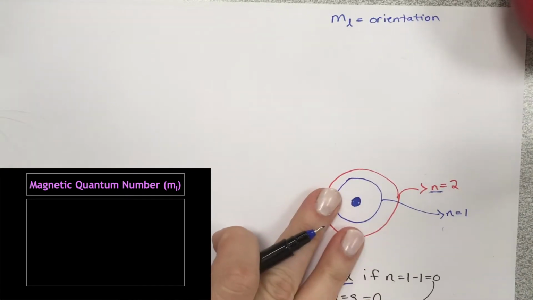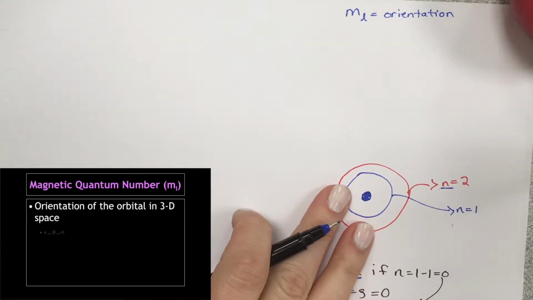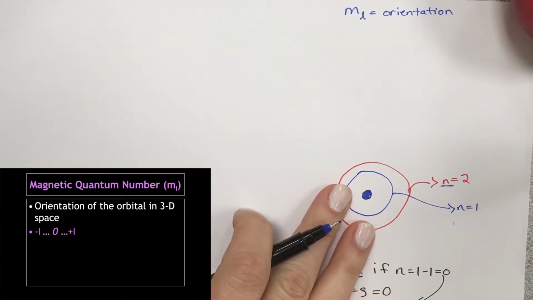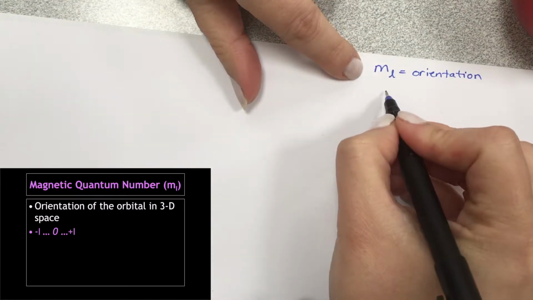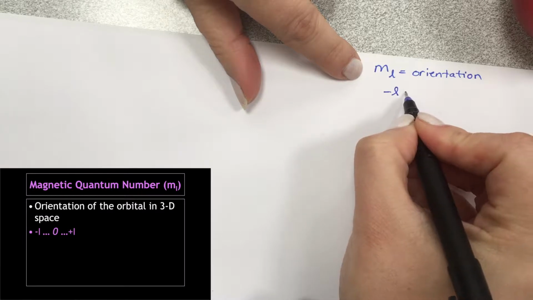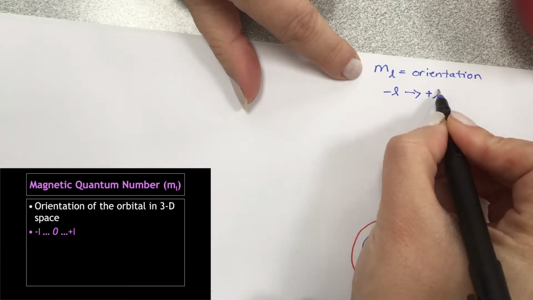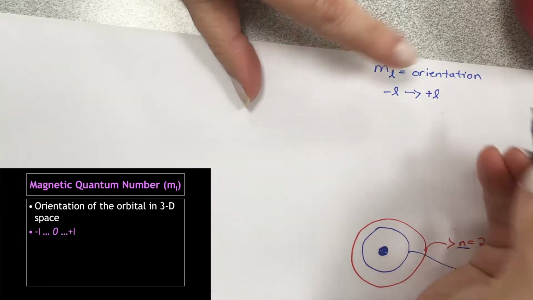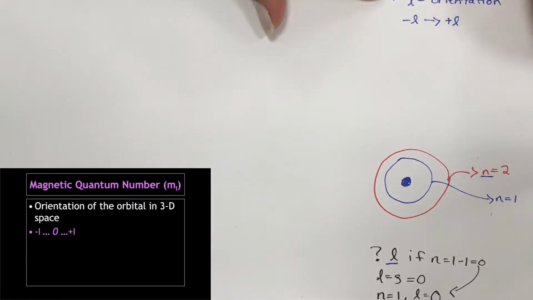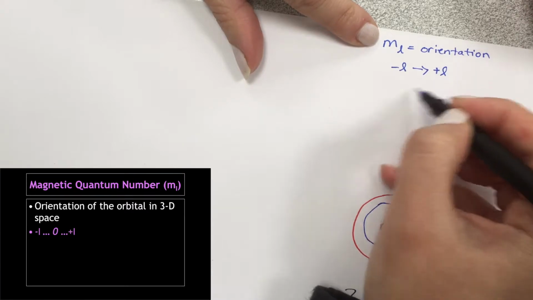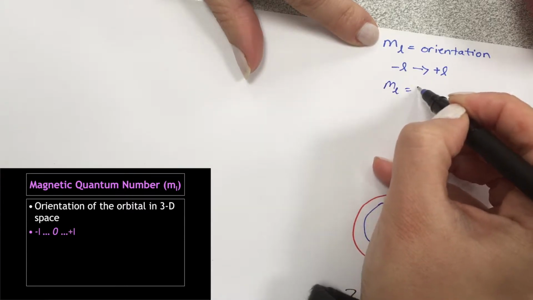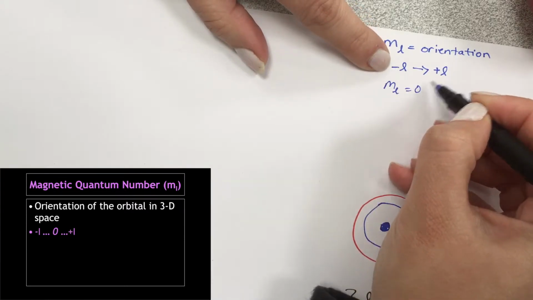So basically m is negative L all the way to positive L. If L is 0, then m sub L has to equal 0 as well, because negative 0 to positive 0 is still 0.